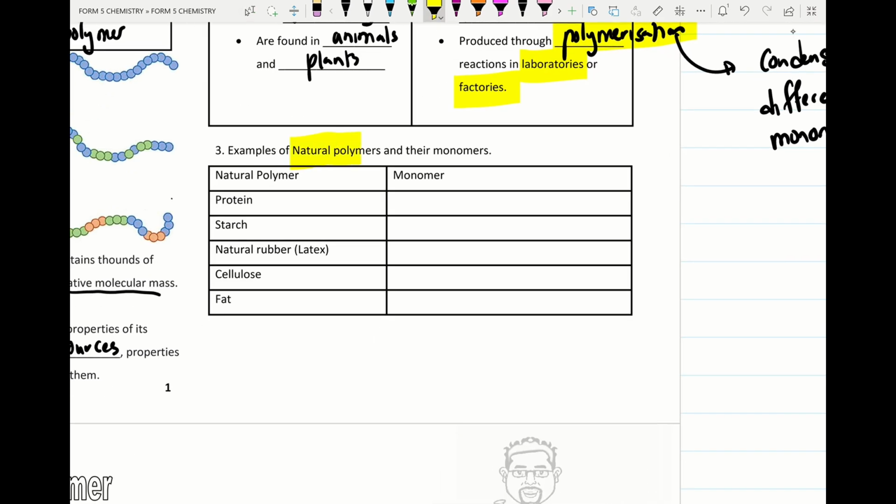So we try to check examples of polymers, natural polymers and their monomers. Natural polymers are made up of monomers combining in repeating sequences to form a long chain, and the monomer is known as the small identical basic unit. For protein, the monomer is amino acid, starch is glucose, and cellulose is also glucose.